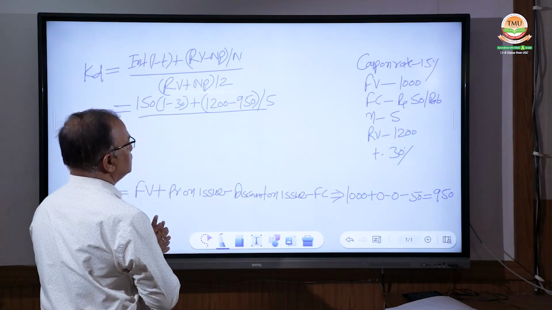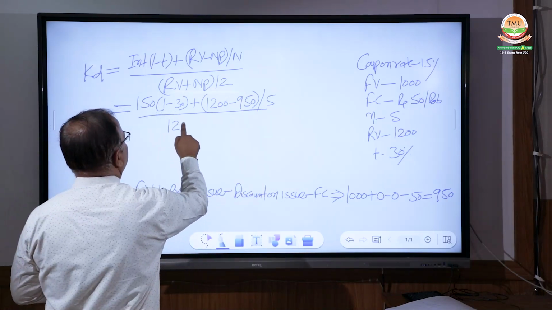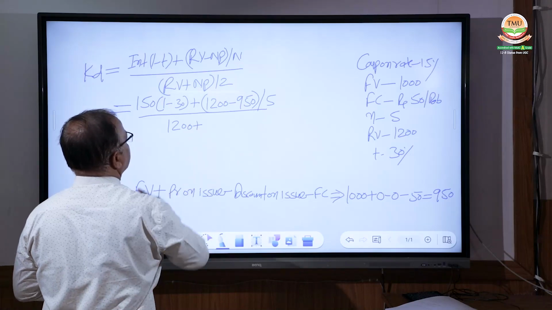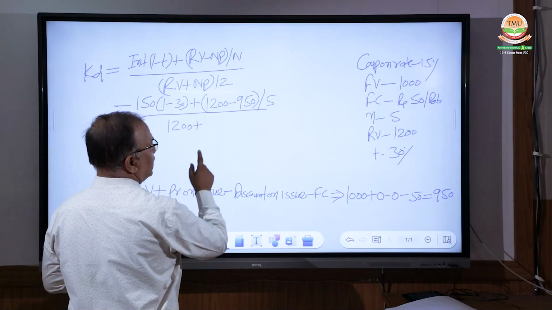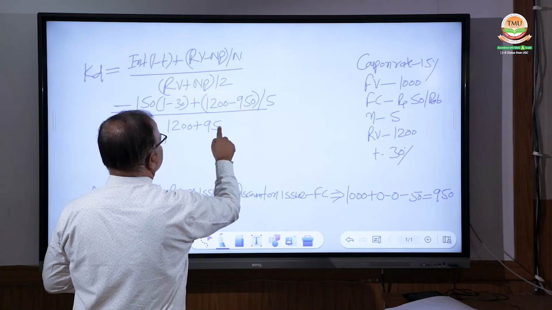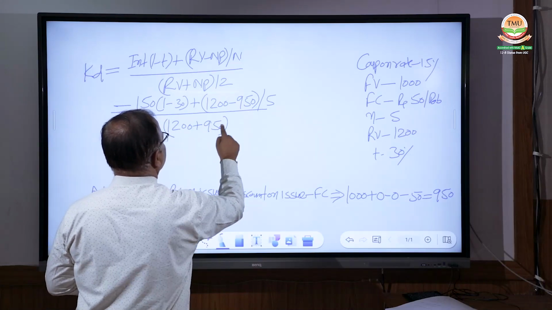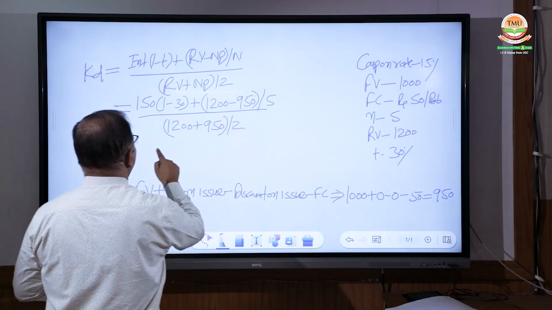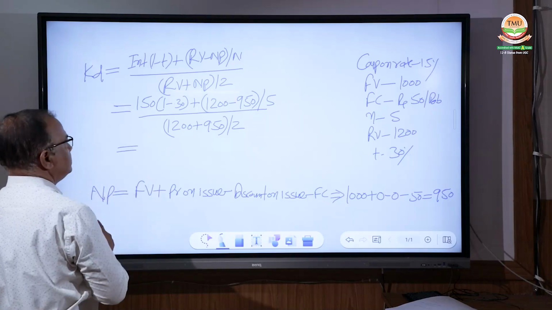Redemption value 1200 plus net proceed. Net proceed is 950, divided by 2.